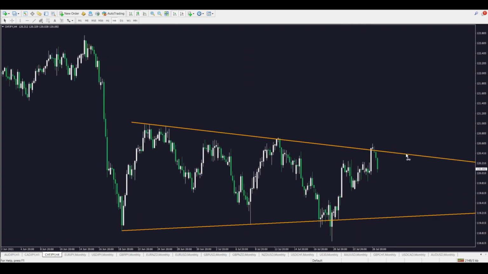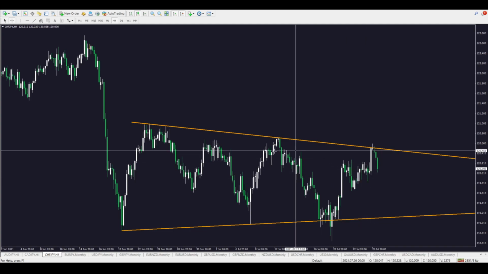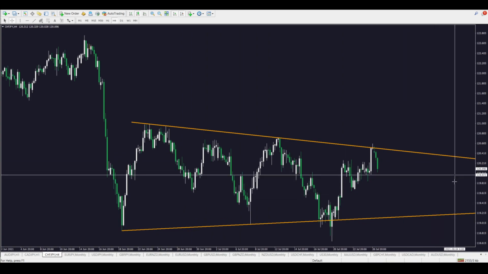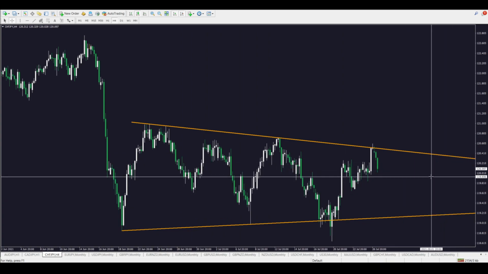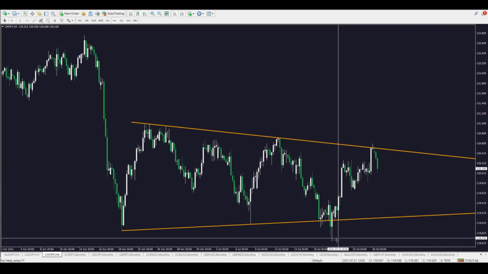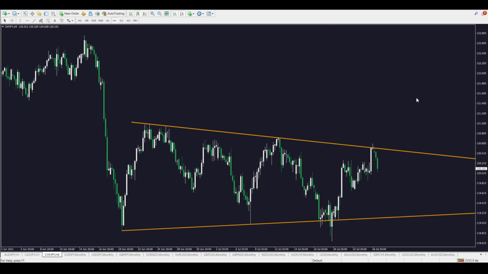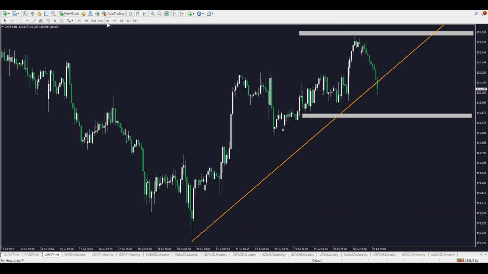So we know the price is basically in this wedge or triangle, whatever you guys want to call it. Right? And now I'm also interested in this bullish wave right there. So H1, the bullish wave, the bullish trend, right?